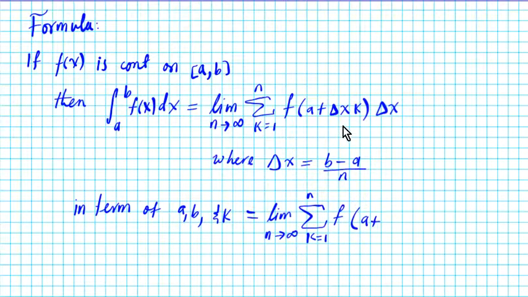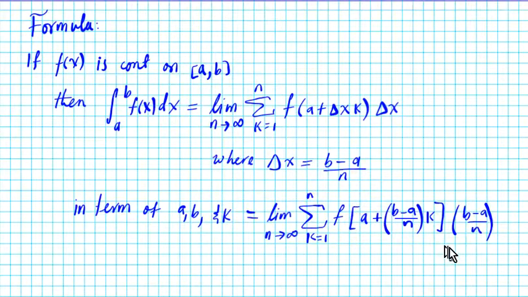Now instead of writing delta x, the width of the subinterval, let me change my grouping into brackets here. So instead of writing delta x, we're going to use the (b minus a) over n equivalent. So plus (b minus a) over n, this entire thing multiplied by k, and then delta x will be another (b minus a) over n.